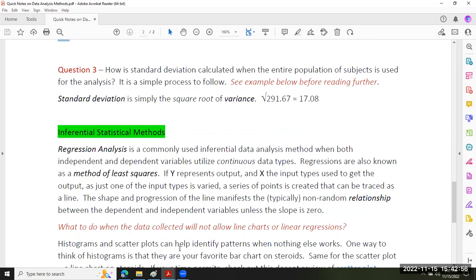Now, why do you care about variance? Well, if you have variance properly calculated, you can easily determine the standard deviation of a set of values with your descriptive statistical analysis, right? All you have to do is take the variance at that point and take the square root of it.